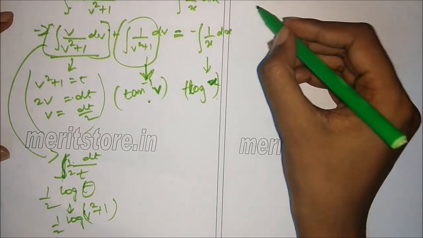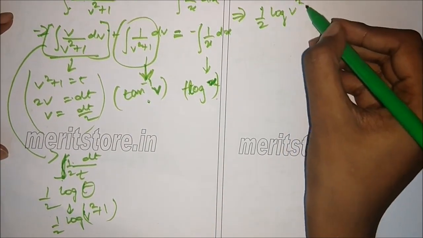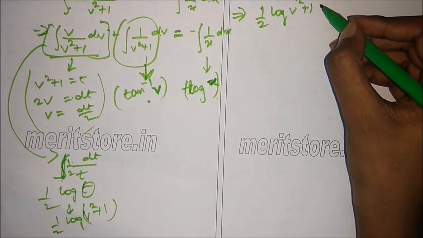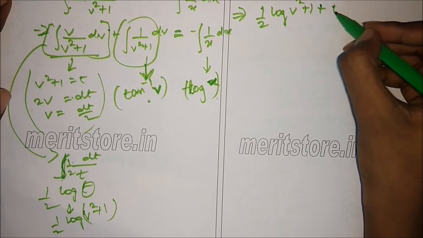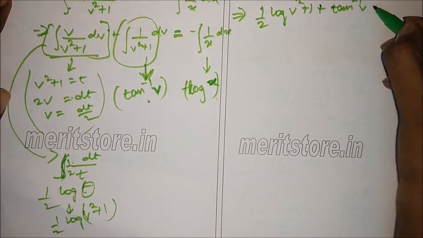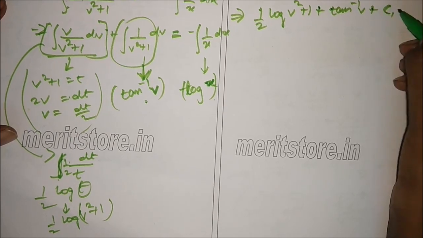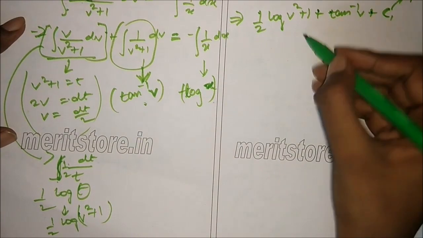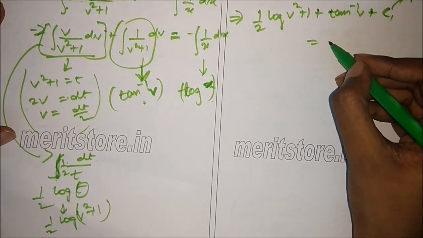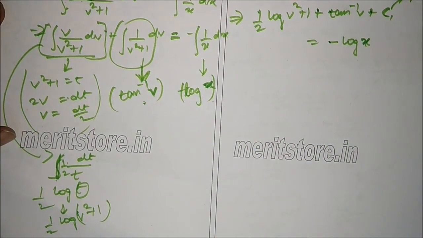So after integration we get half log of v square plus 1 plus tan inverse of v plus an integration constant, let's say c1. This is equal to minus log x.